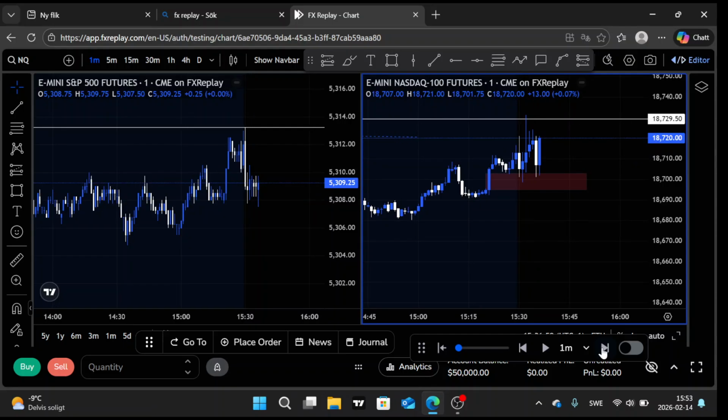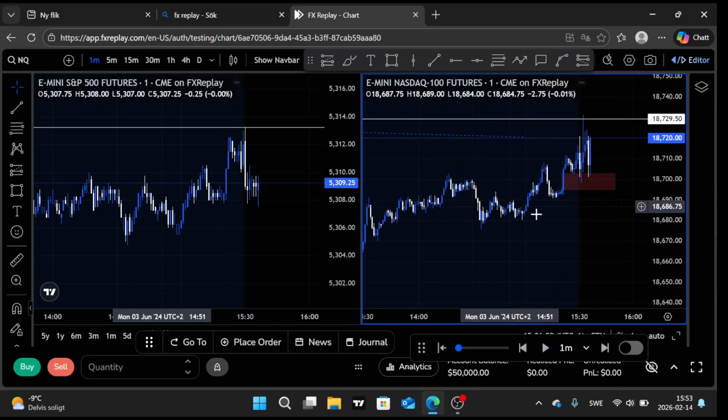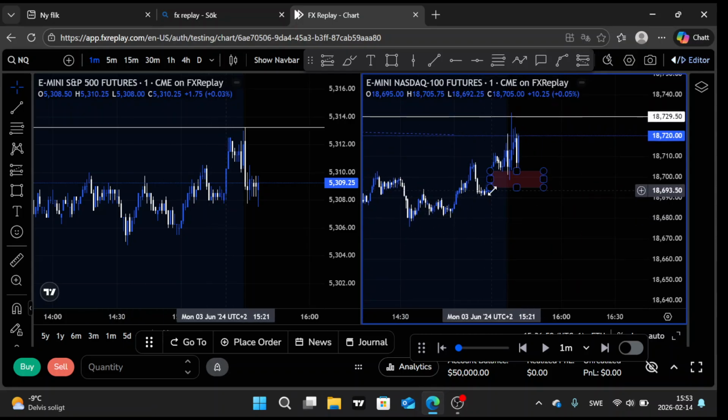So here we go, here we go. What do we have here? We have swept all of these. We have swept this low on ES, but not on NQ. So NQ wants to go higher.